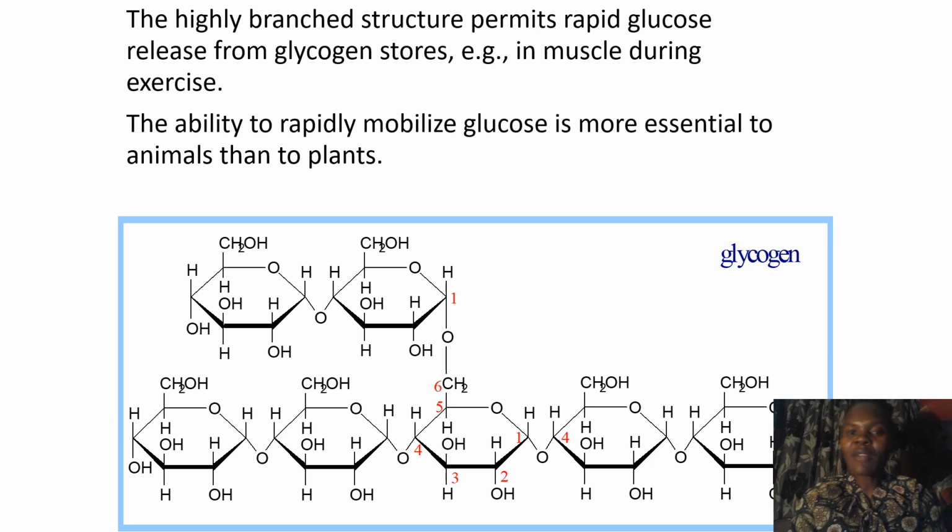The highly branched structure of glycogen permits the storage of glucose in a small space, and it is released when the glucose level is low. The glycogen stores will release glucose, which can be used by muscles during exercise.